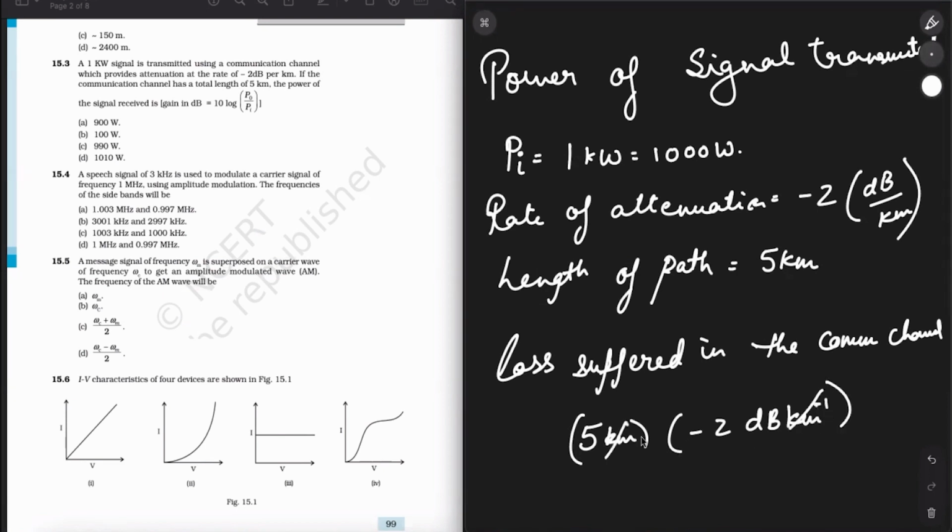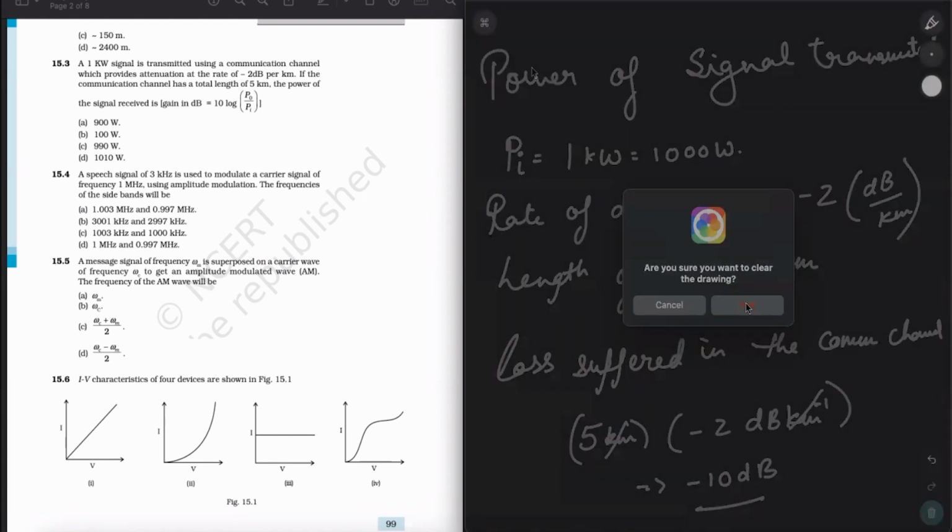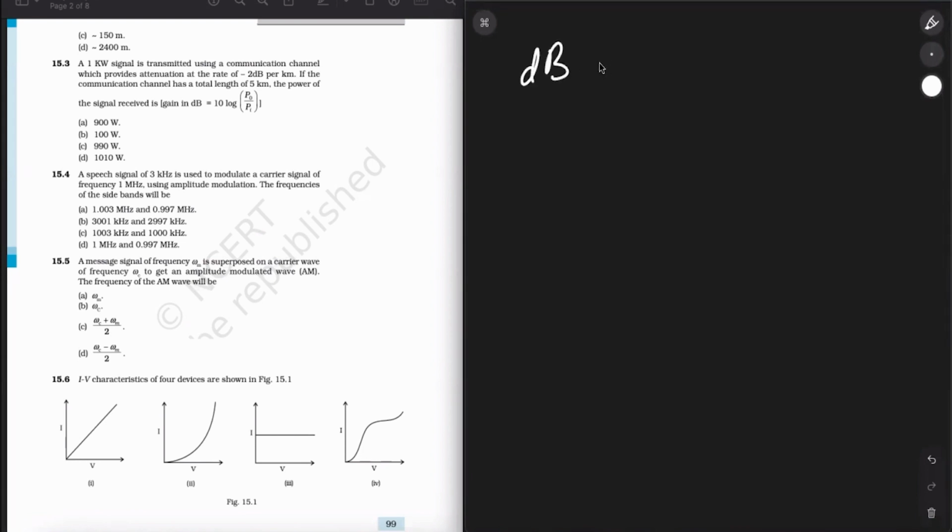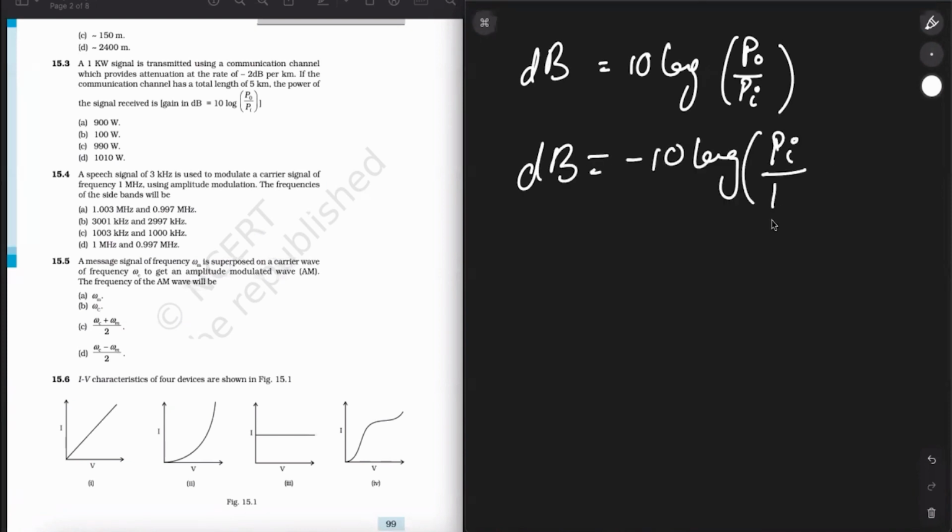Kilometer cancelled out. It will be -10 decibel loss. Now, the gain term has been given to us as dB equals 10 log P naught upon Pi. Then, if I want to give it a minus sign, it becomes Pi upon P naught. Simple concept.